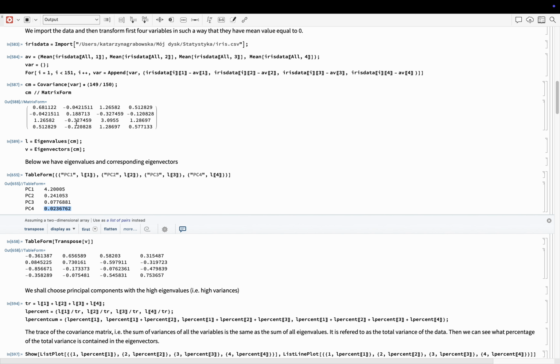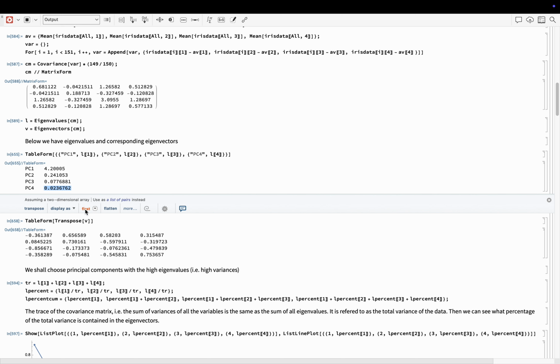Therefore, it is a positive definite matrix. It always has positive eigenvalues, and we order these eigenvalues from the highest to the lowest. The sum of all eigenvalues is equal to the trace of the matrix, and this is interpreted as the total variance contained in all the data.